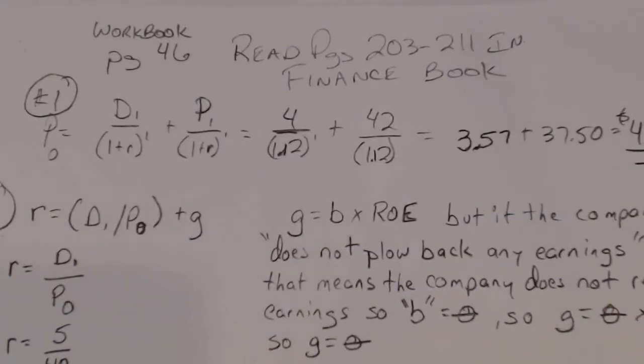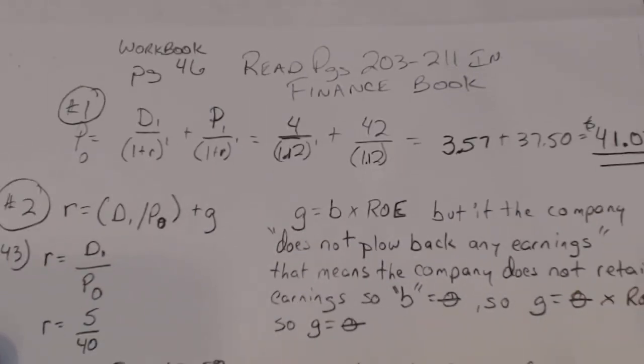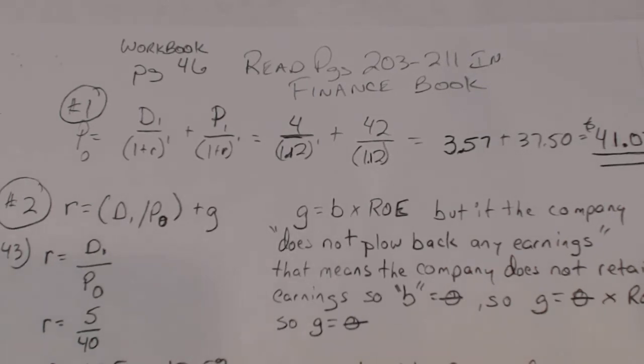Basically, if you remember back, there's a formula on one of the pages that is R, the rate of return, and this is just moving the formula around a little bit, equals D1 divided by P0, in parentheses, plus G. D1 divided by P0 is dividend 1 divided by the price at year 0.